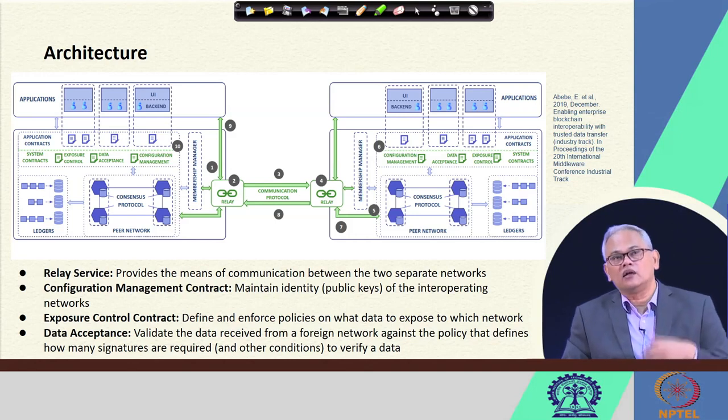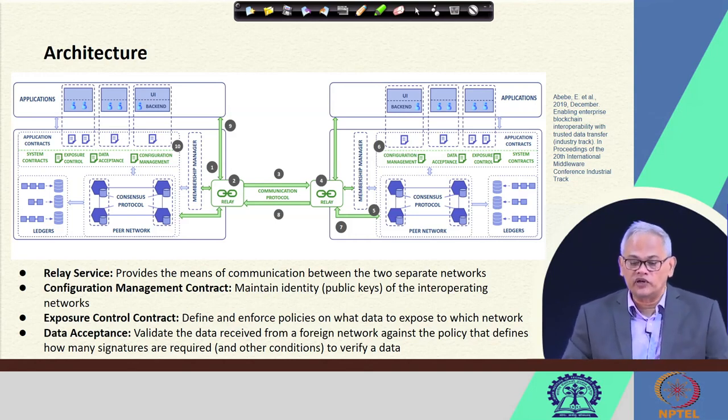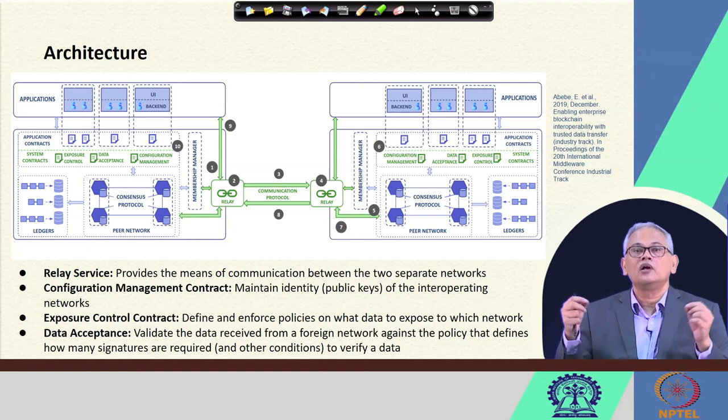Of course, the relay service is what is important, it provides a means of communication between the two separate networks. So, one has to have these relays in place, which will help in the interoperation between these two different permissioned blockchain networks.